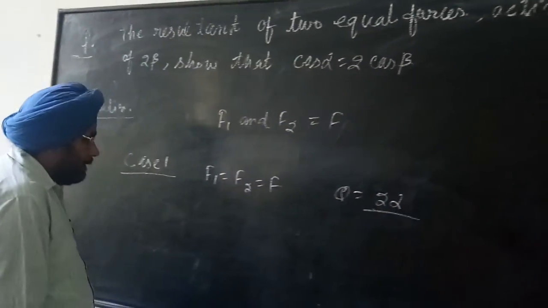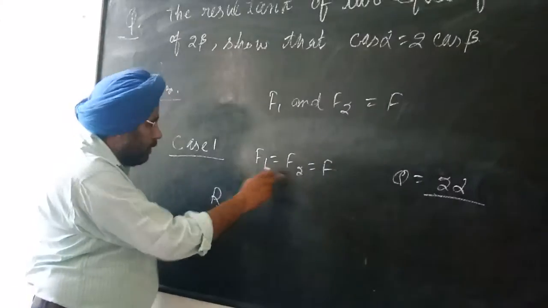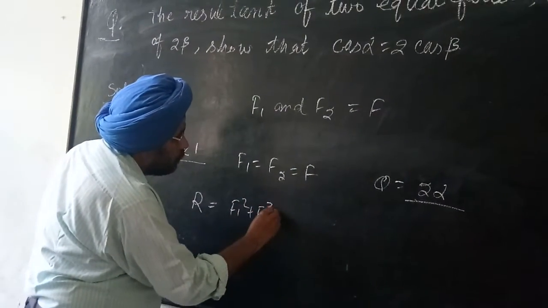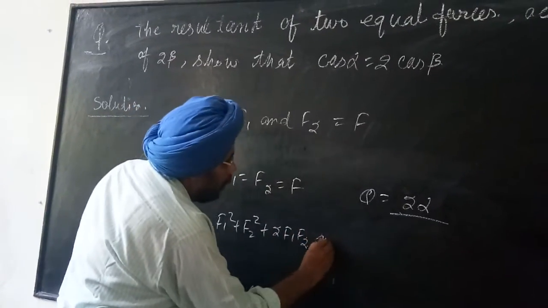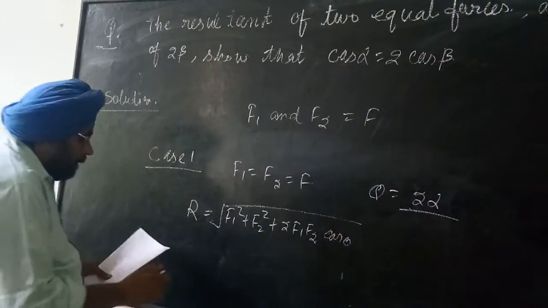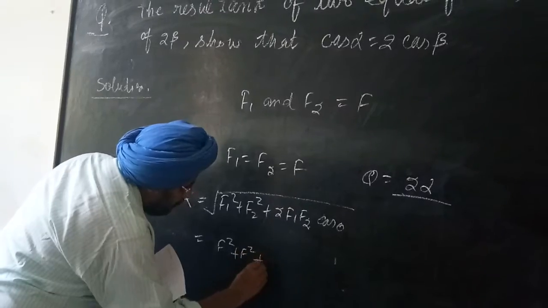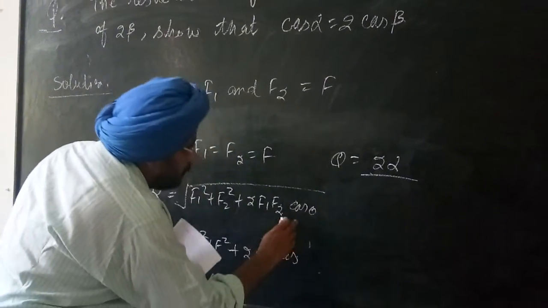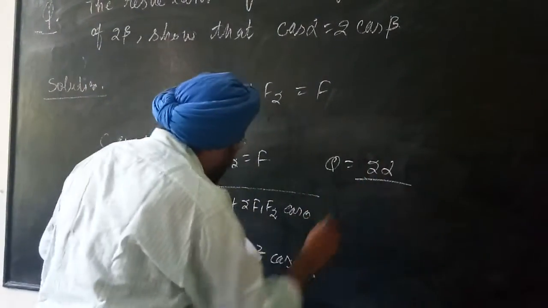Let R be the resultant of the forces F1 and F2. So R equals square root of F1 square plus F2 square plus 2 F1 F2 cos theta. This is equal to square root of F square plus F square plus 2F square cos 2 alpha, because the angle theta is equal to 2 alpha.